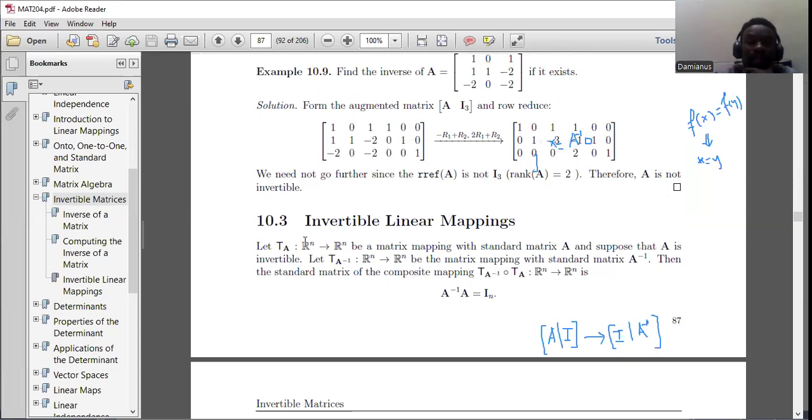We'll say that this map is 1-to-1 if T sends two vectors x and y, and T of x is equal to T of y, then x equals y. Then T is 1-to-1, okay?